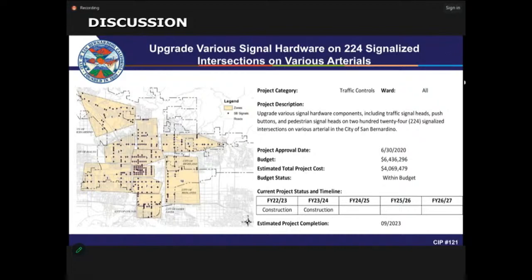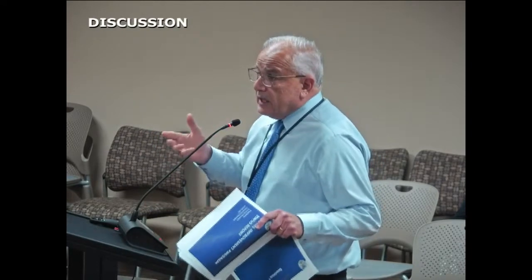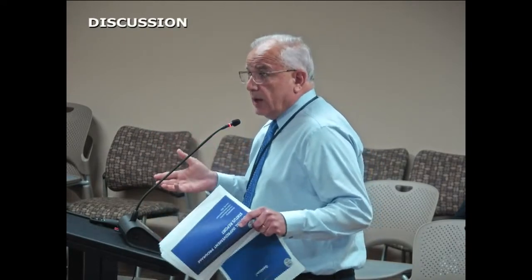So we have an initial budget. Basically, what this project is, I'm sure you've seen them, we're updating the current signal heads from 8-inch to 12-inch. You've probably seen the yellow tape around the heads, the pedestrian push buttons, the countdown vehicle indications, the countdown pedestrian indications, and so forth. So we're almost done with this project.